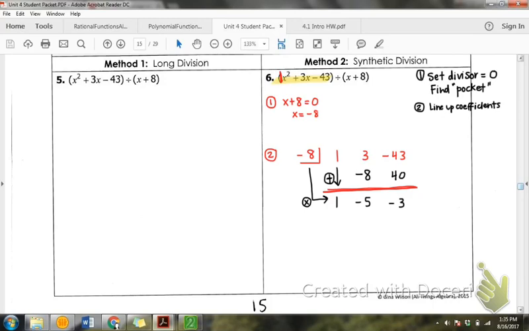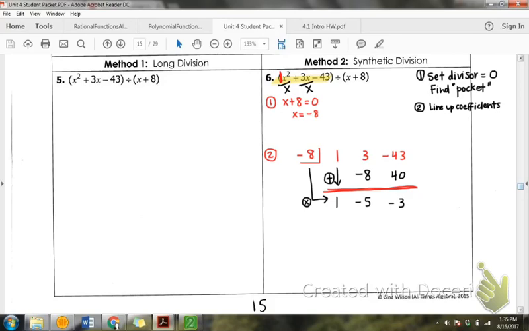So then the final step is to put your variables back in. But guys, notice, technically we divided an x out of this one and an x out of this, right? So my biggest exponent should be 1 less than whatever I started with. So if I start with x squared, I need to end with an x, because I drop off a variable because I'm dividing an x out of this whole thing.